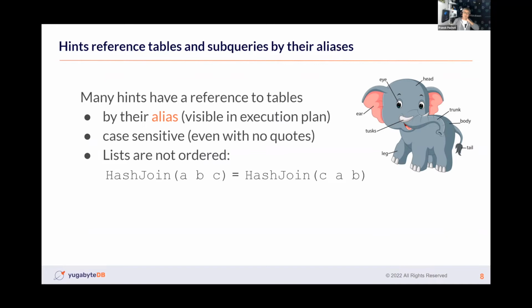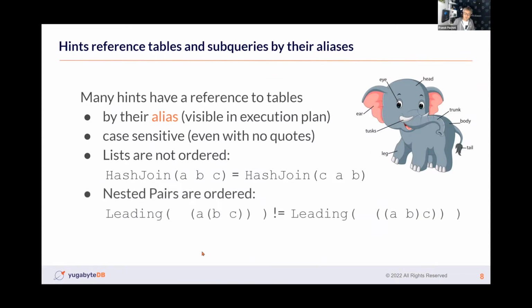And probably the most important, we will see that in the demo, is that when you have a list in parentheses, the order is not important, it's not used. So we will see what HashJoin(A B C) means. It just means that you want to hash join when you join A, B, and C without any order, without mentioning which one you start with. So this hint is the same as this one.